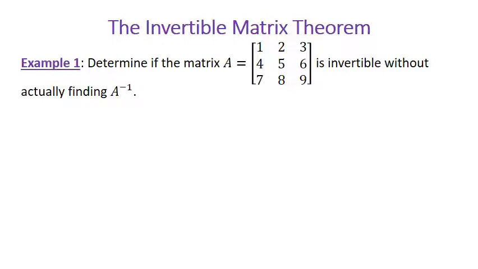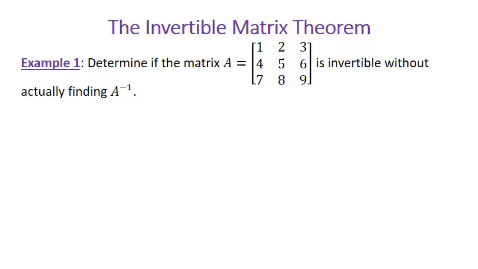Now, in the previous section, section 2.2, we talked about finding the inverses. Now, in this section, we're not finding those inverses. What we're trying to do is to just be able to use that theorem that was shown to you initially and decide if the matrix is invertible or not.